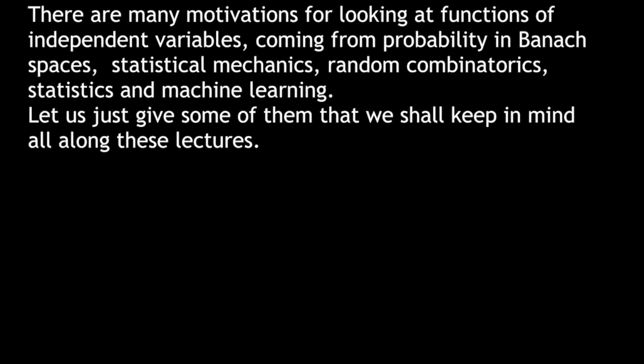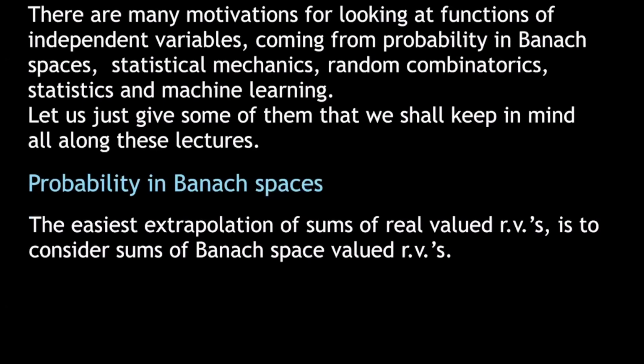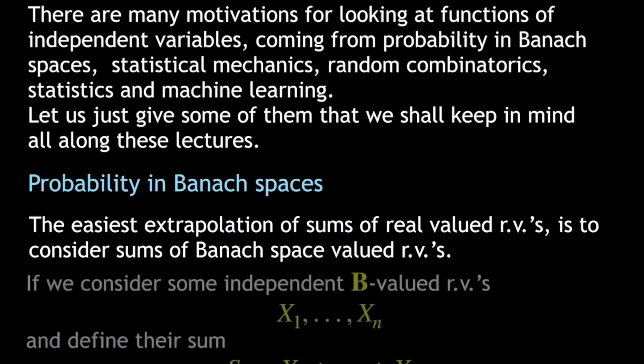And I begin with the easiest one, which looks like the sums of independent real-valued random variables we started with, but with a slightly different context, which will make the difference. So let's talk about probability in Banach spaces. Instead of looking at real-valued random variables, we are looking at independent variables with values in a Banach space, a separable Banach space.